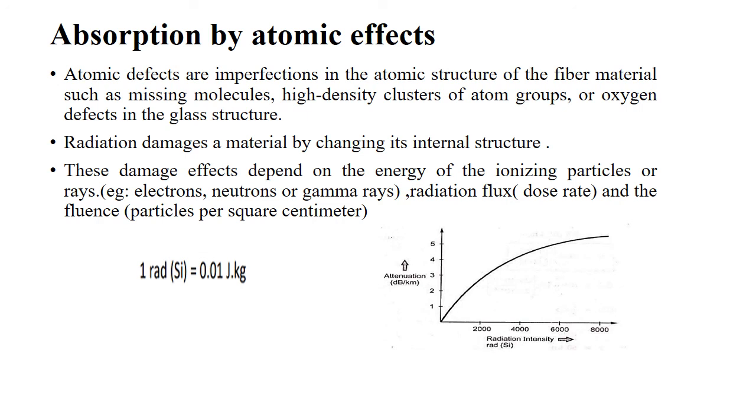Radiation damages the material by changing its internal structure. These damage effects depend upon the energy of the ionizing particles or rays, the radiation flux and the fluence of the particles per centimeter squared. Next, the total dose that a material receives is expressed in rads, here for silicon, which is the measure of radiation absorbed in the bulk silicon.